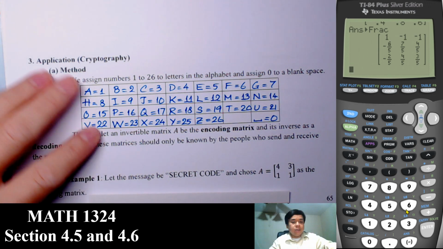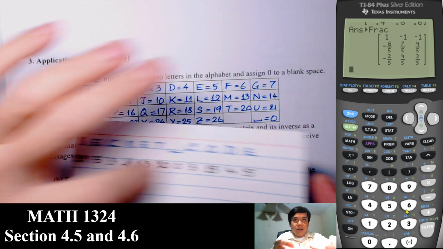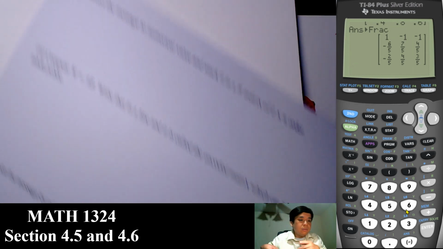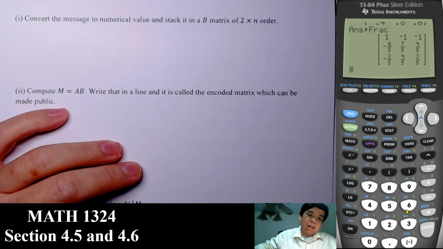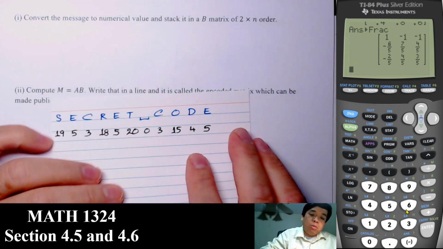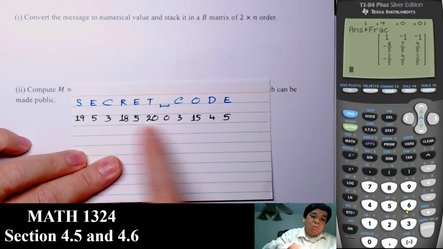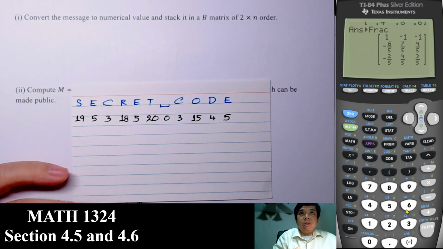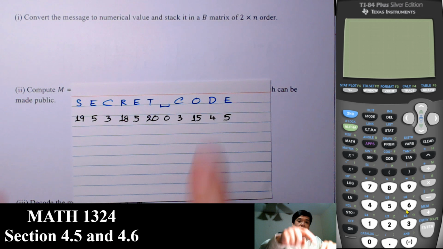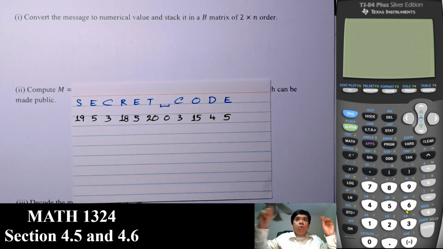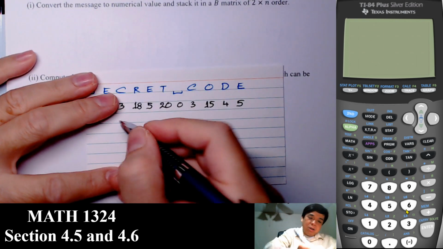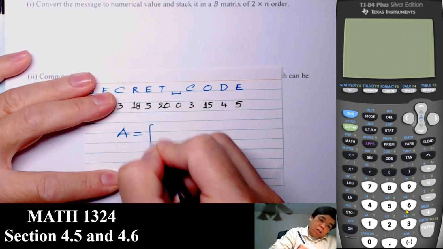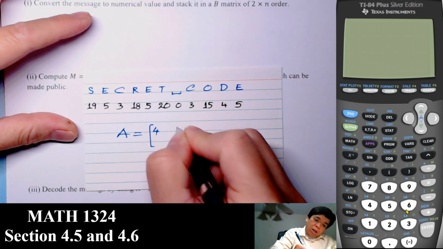Right. So we have the list of numbers here. So convert the message to numerical values and stack it in a matrix B that is 2 by n. Right, so we're going to stack these numbers into the matrix. However, we don't know how long to go before we break it into 2 by n, because the coding matrix A is 4 3 1 1.